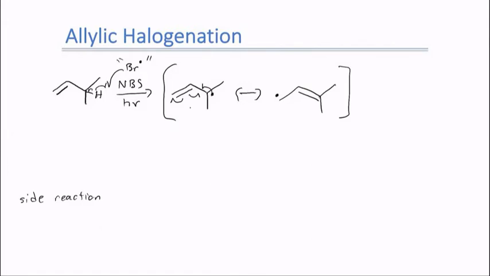So then in a side reaction, our NBS is going to go and react with the HBr we just formed to give us NH and Br2.